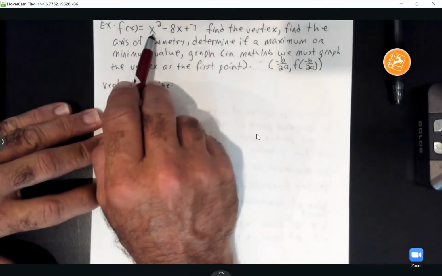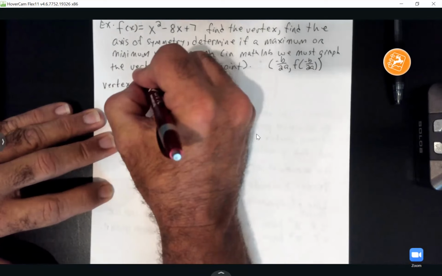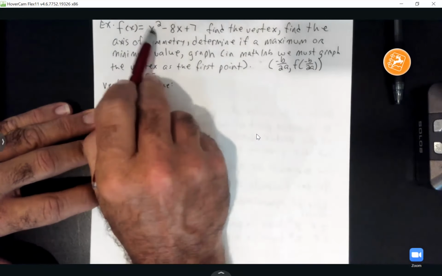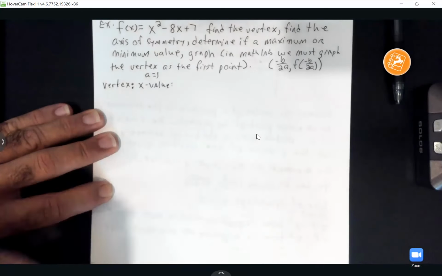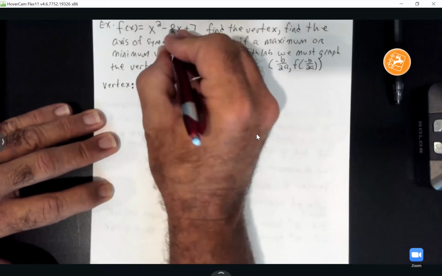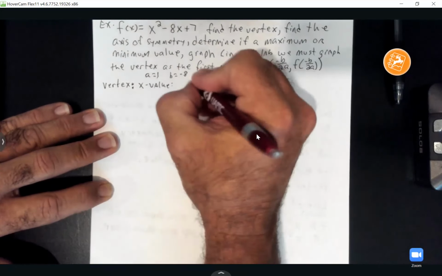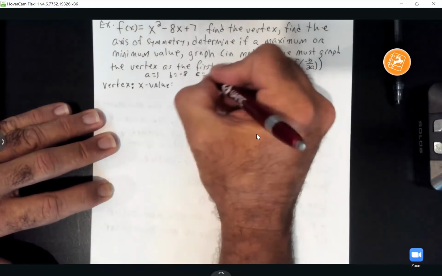So y'all, I got to figure out a, b, and c. For my problem, a is going to be 1, since there's no number in front of the x squared, we treat it like a 1. B will be negative 8. And c will be 7.